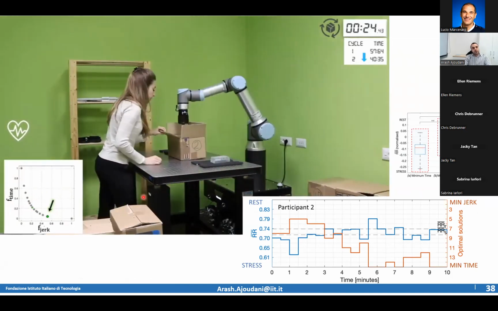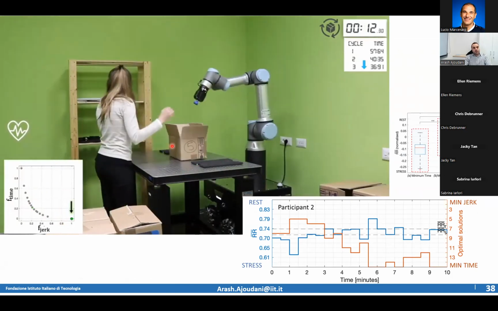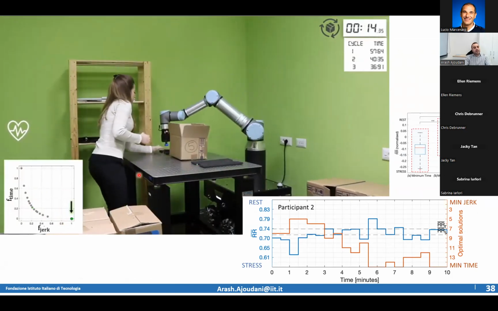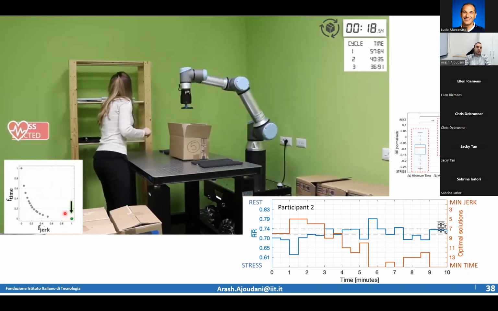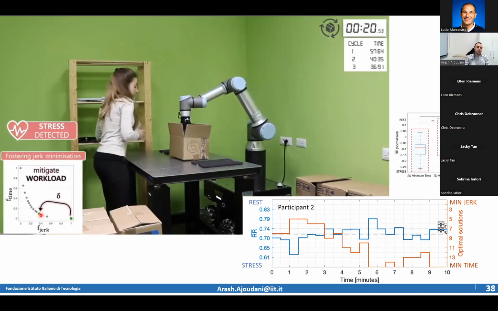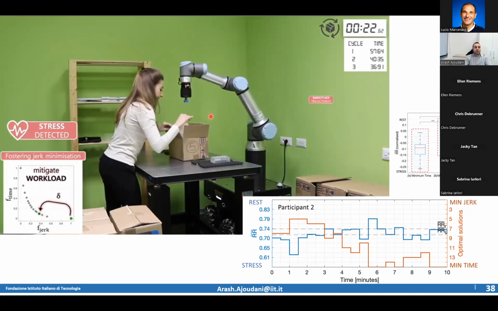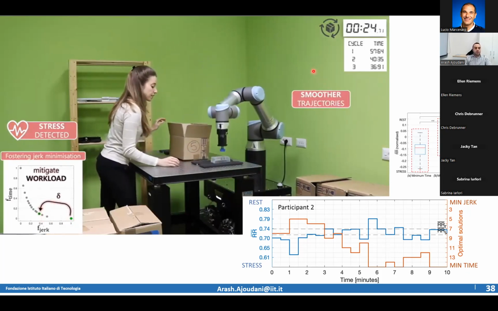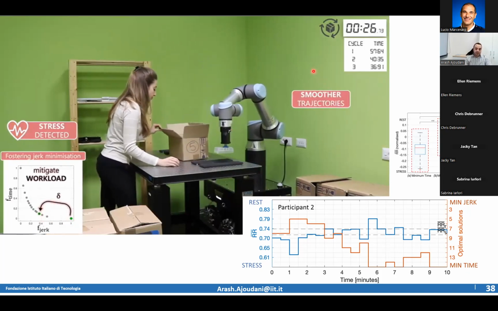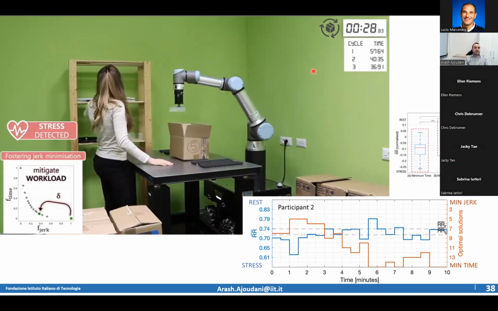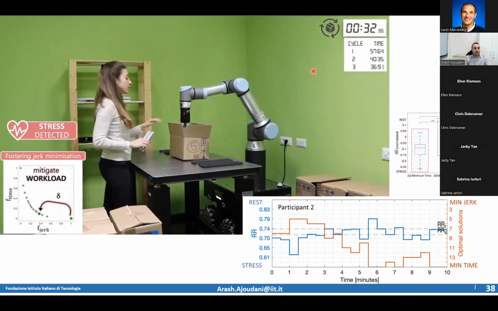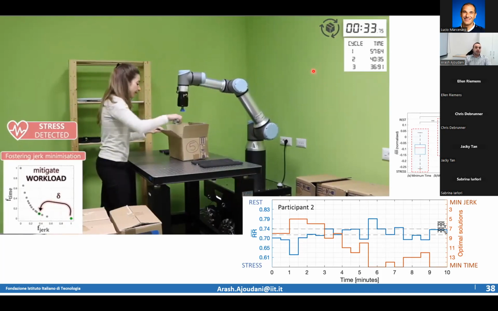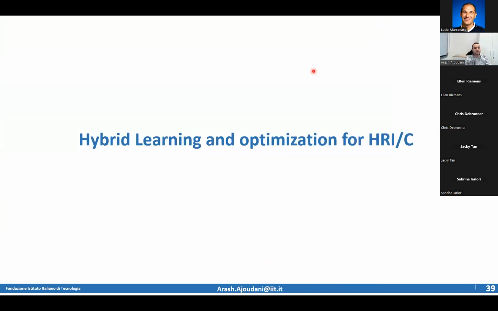If you increase too much, then eventually you detect some level of stress, and the robot says, maybe I pushed too much, and then it gets back to the sweet point, basically, which will be your calibration for that moment that implements a trade-off between physical and cognitive factors. And we believe that these models can calibrate and personalize interactions between humans and machines.